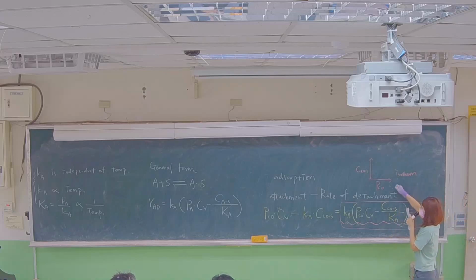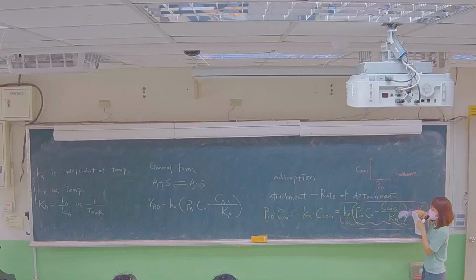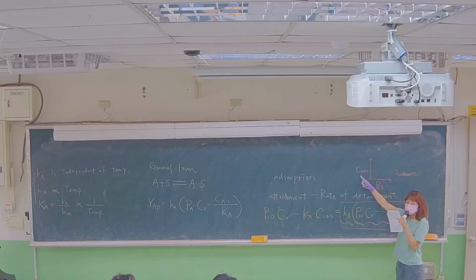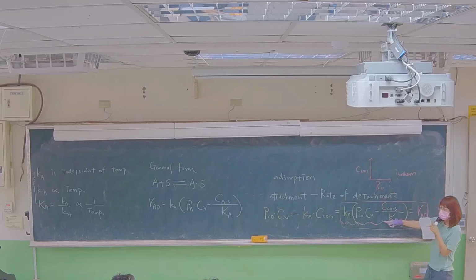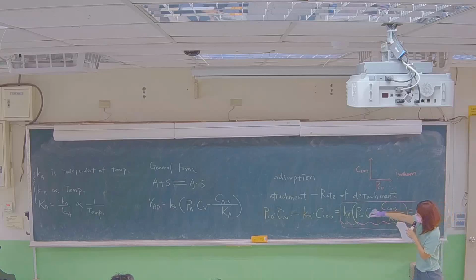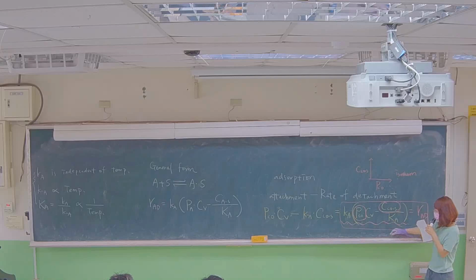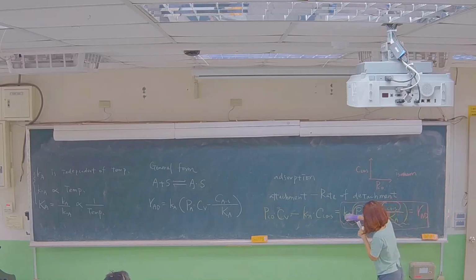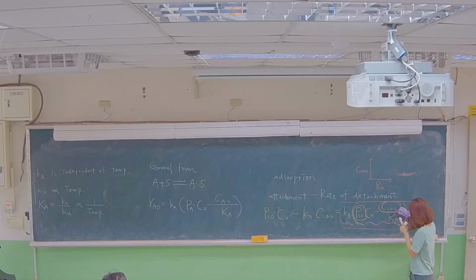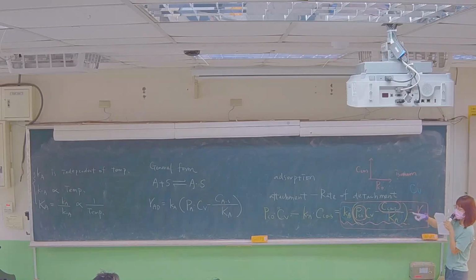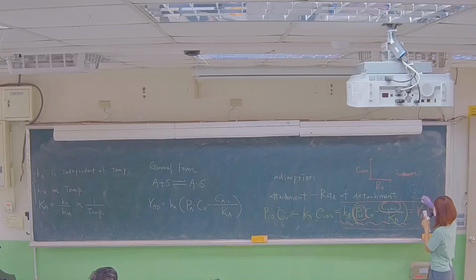Because we want the relation between PCO and CCOS. PCO is here, CCOS is here. The remainder are constants, which is okay. How about CV? We have no idea about CV, so the next step is to find CV.